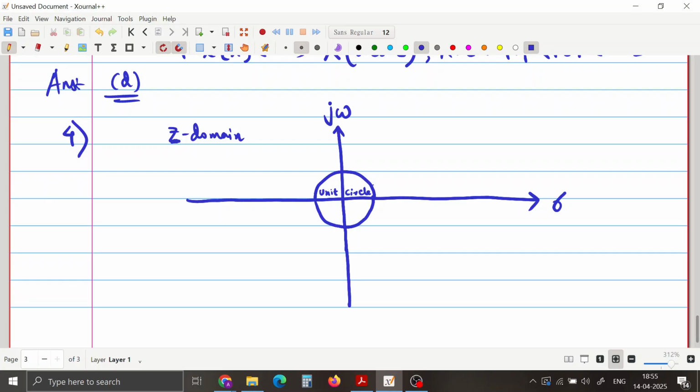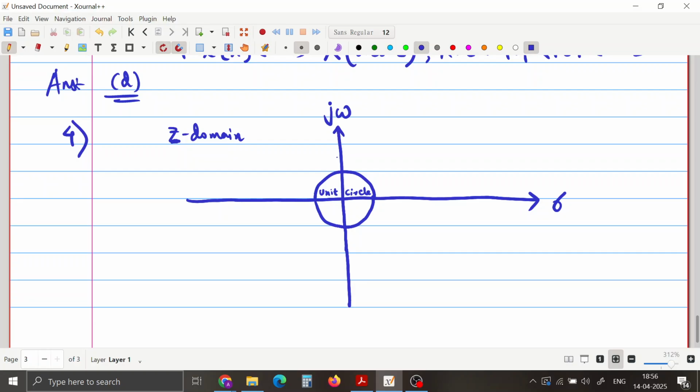In this unit circle you can very well guess that any point will be of the form e power j theta, because the absolute value of e power j theta is 1, so it will always lie on that unit circle in the complex z plane. If you want to write in terms of coordinates, you can specify any coordinate in terms of cos theta comma sin theta along this unit circle.